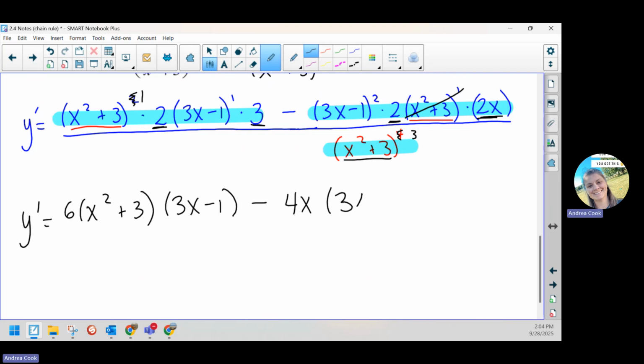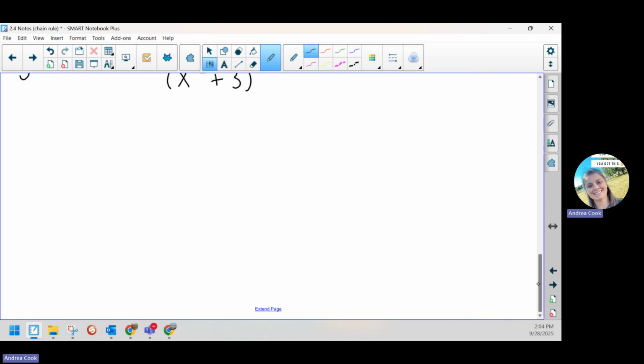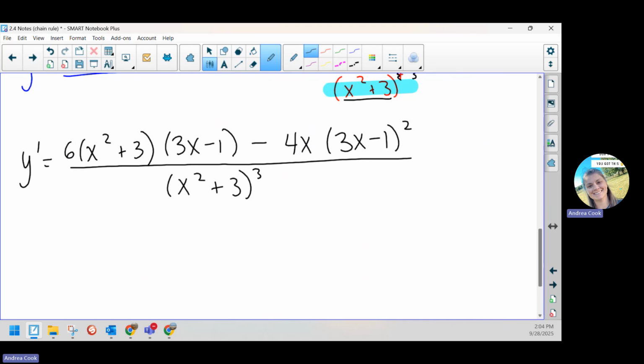I have 3x minus 1 squared all over x squared plus 3 to the 3rd power. And this does not have any negative exponents.